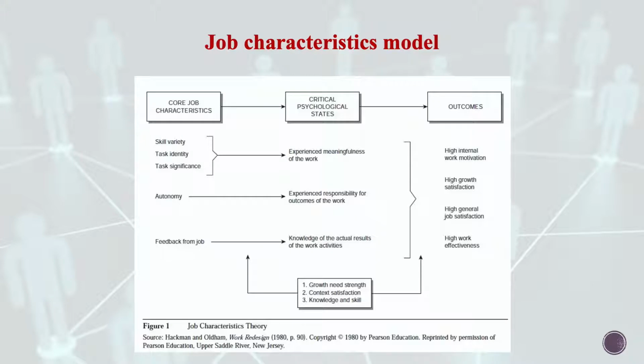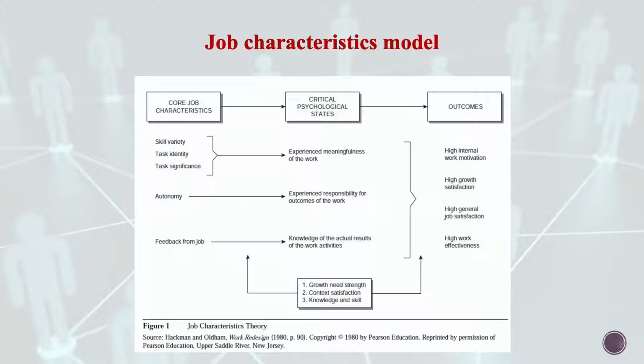The core job characteristics are affecting outcomes through critical psychological states. Also, these relationships were moderated by growth need strength, context satisfaction and knowledge and skills in both the paths. So in the first stage, these 3 moderators are moderating the relationship. In the second path also, these 3 moderators are moderating the relationship.